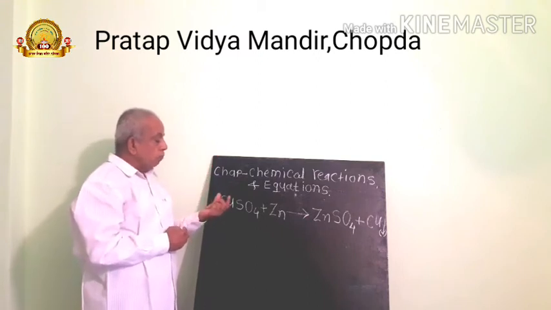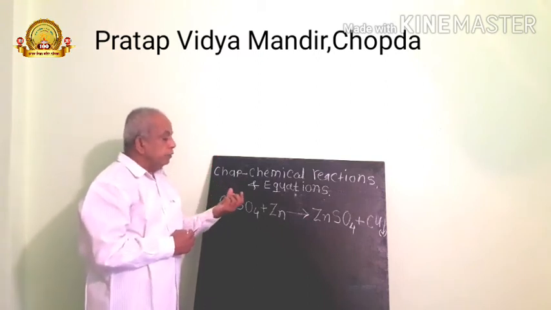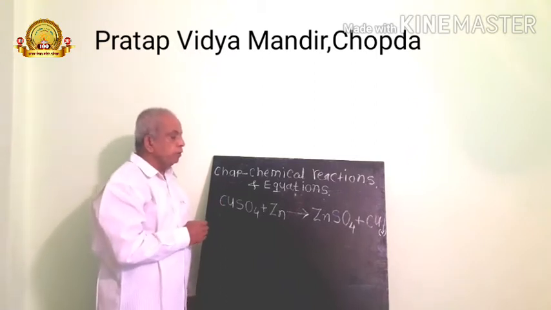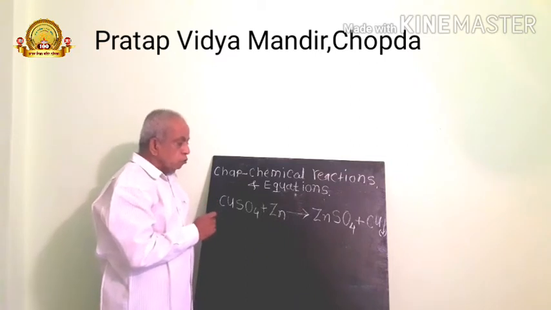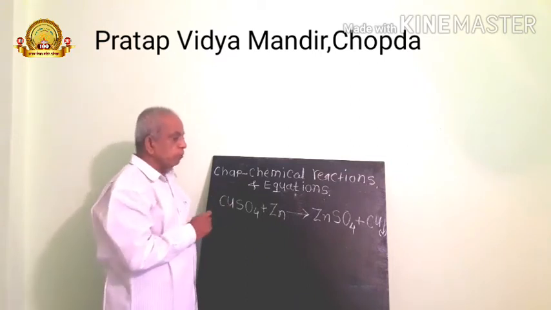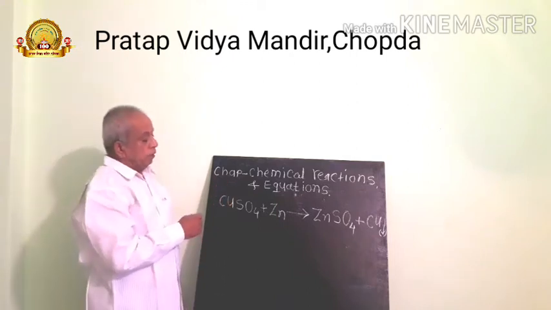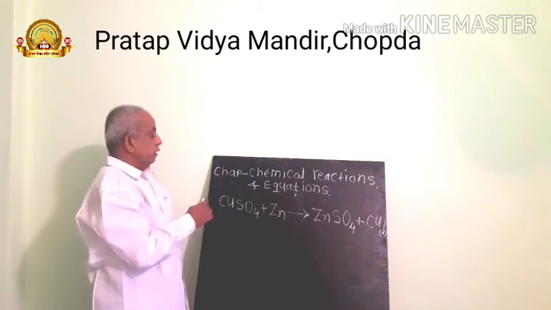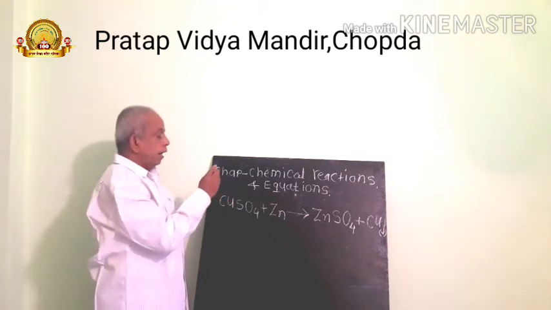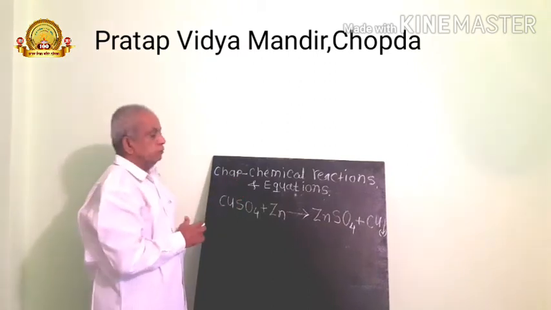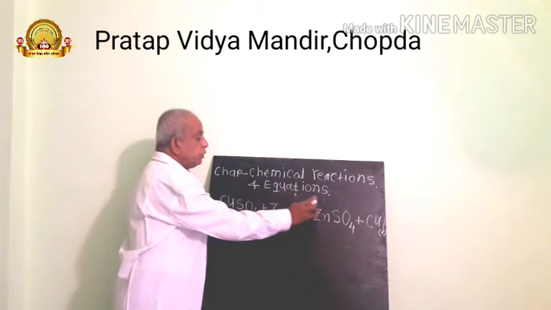When copper sulfate and zinc react with each other, we get a white colored solution of zinc sulfate with deposition of copper. In this reaction, copper sulfate and zinc are reactants, whereas zinc sulfate and copper are products.